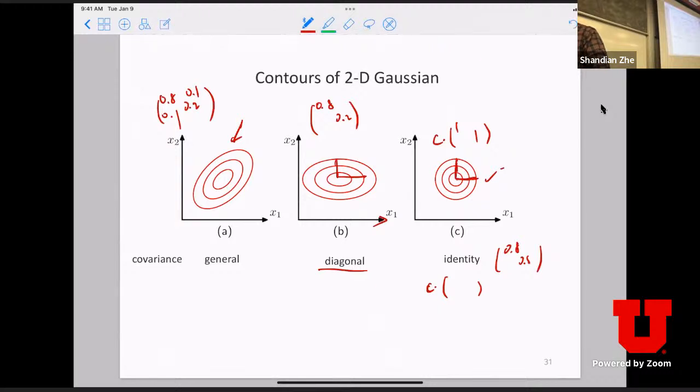This shows up as a regular circle. In this case, x1 and x2 are independent. In both cases, B and C, x1 and x2 have zero covariance, so that's why their covariance matrix is diagonal.